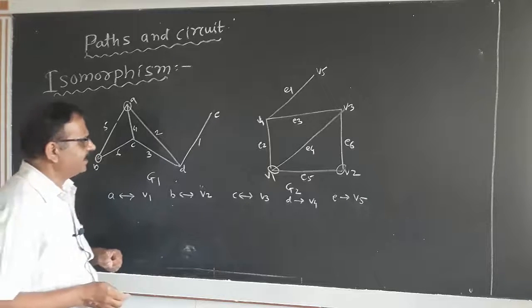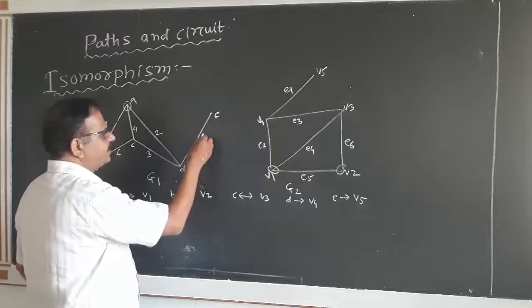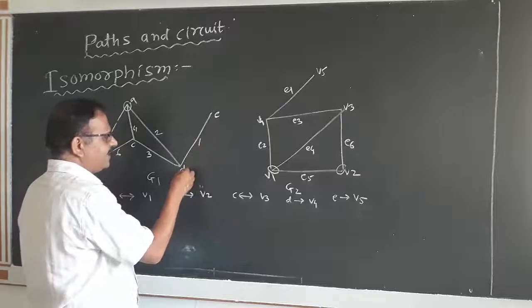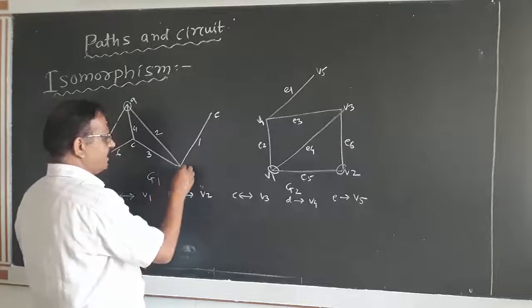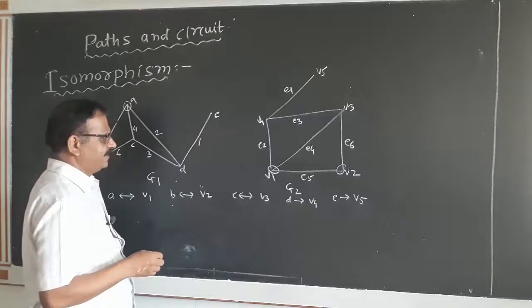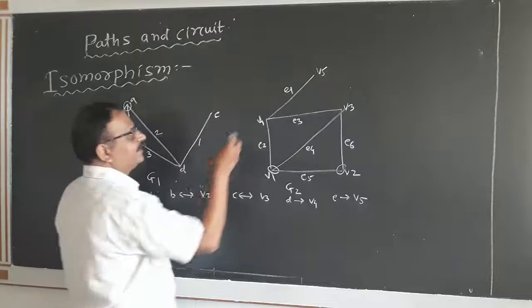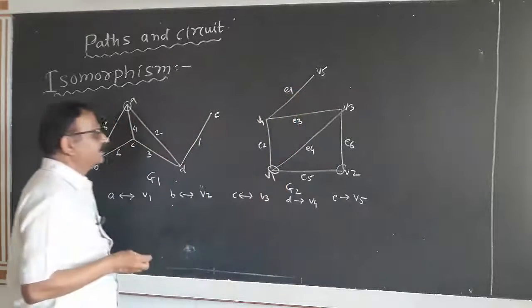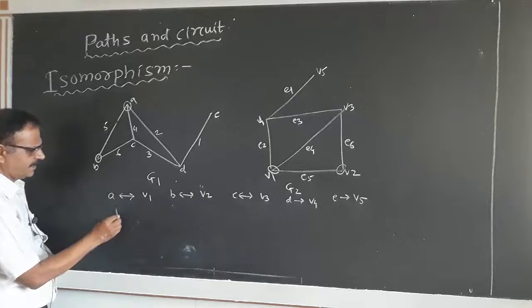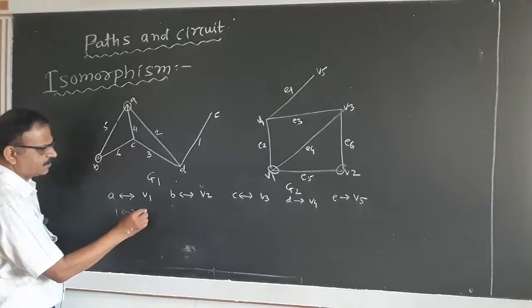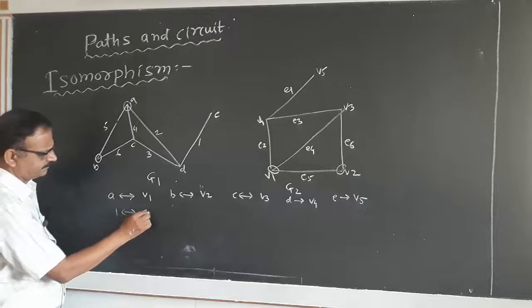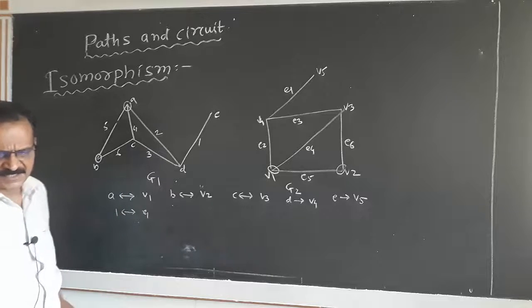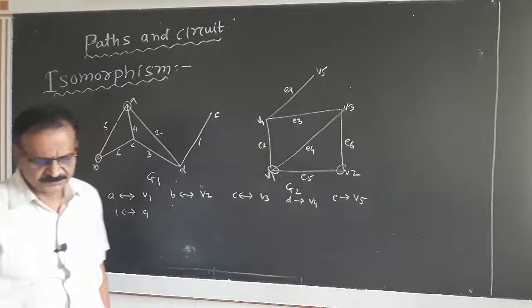The first edge is between the vertices D and E, and therefore there is an edge E1 between V4 and V5. Therefore, edge 1 is the corresponding edge of E1.